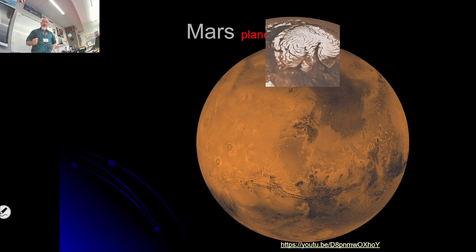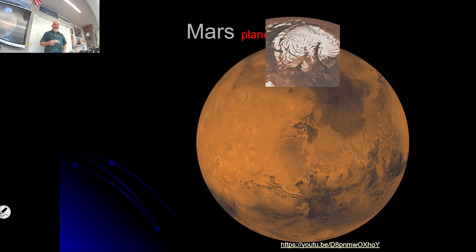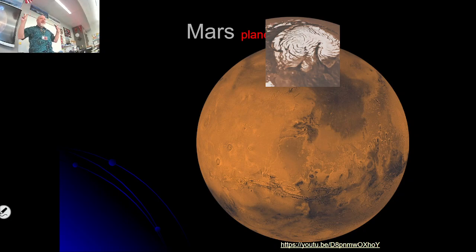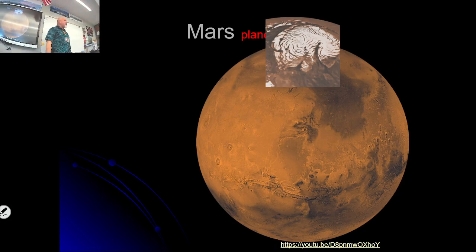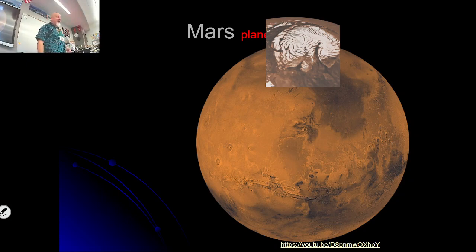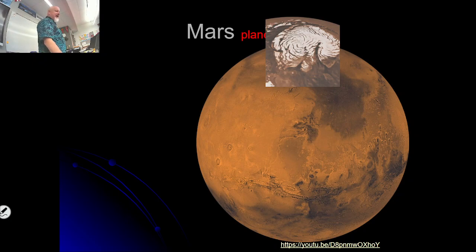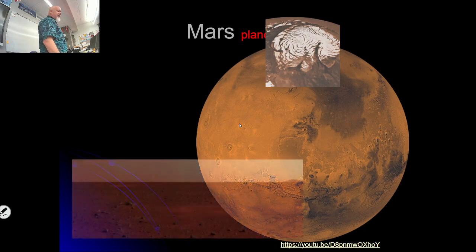Commonly, when we see frozen carbon dioxide here on Earth, that's typically when we go to the grocery store and buy this special ice called dry ice. You guys heard of dry ice before? That's essentially what that is. It's frozen carbon dioxide. So what you're looking at on the surface of the planet at the top is dry ice. There's a little bit of water in there, but it's mostly carbon dioxide.